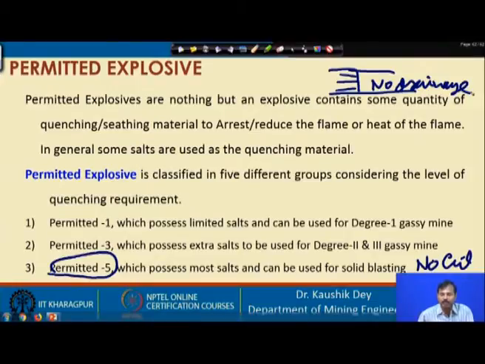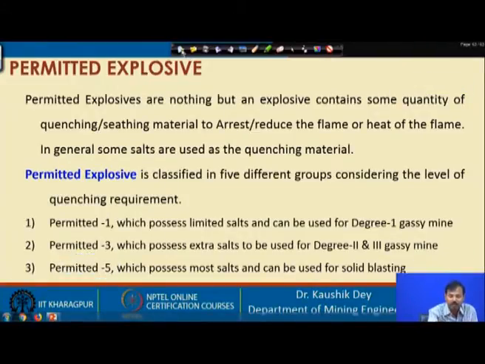So, the blasting is carried out with the full methane content in the coal, and the expectation is that the maximum quantity of methane is available, and that is why this type of blasting is called solid blasting. This P5 explosive must possess the most quantity of salts, and that is why it can be used in solid blasting.